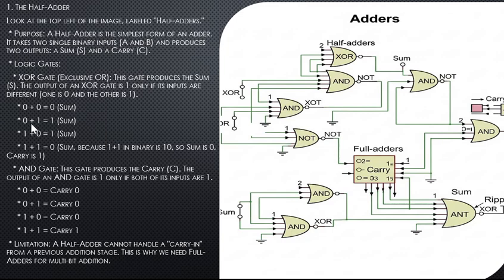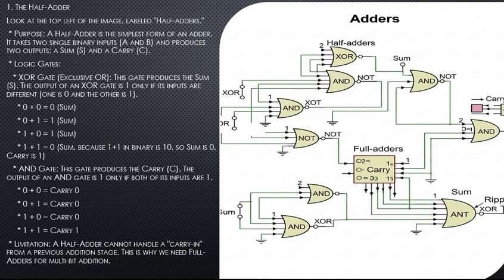And also 0 plus 1 is equal to 1, and that's the sum. Also 1 plus 0 is equal to 1, and 1 plus 1 is equal to 0. That's the sum, because 1 plus 1 in binary is 10. So the sum is 0 and the carry is 1.